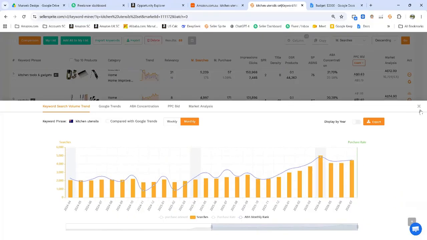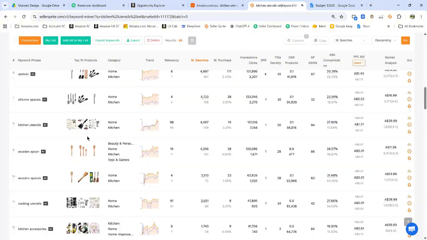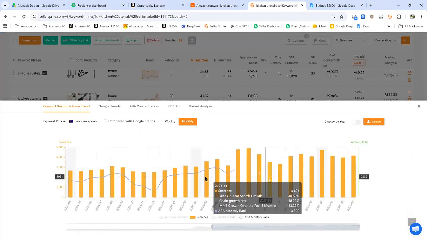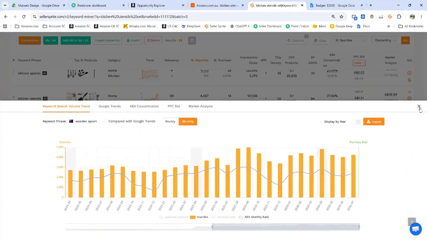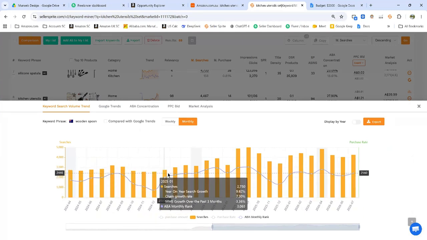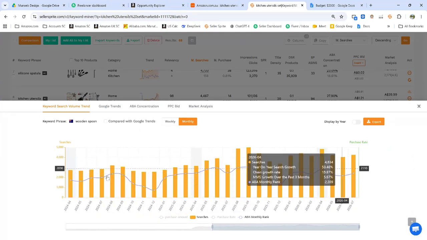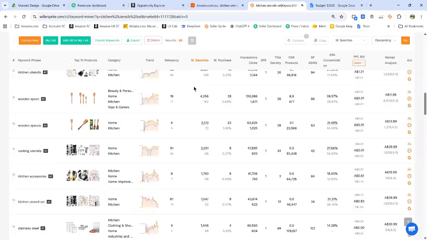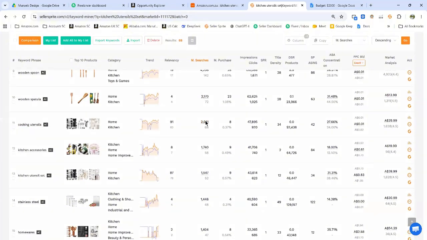Then wooden spoon, yes, it's very consistent as well. The overall search volume, the demand is consistent throughout its history. Then we can go for wooden spatula. Cooking utensil is also a relevant keyword.